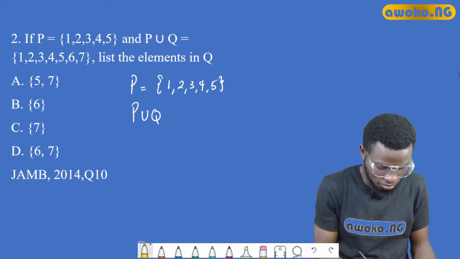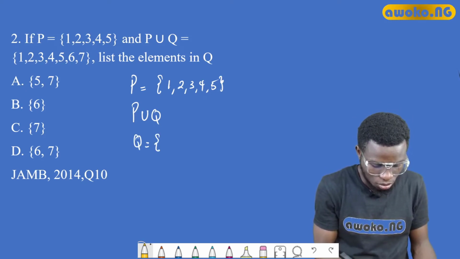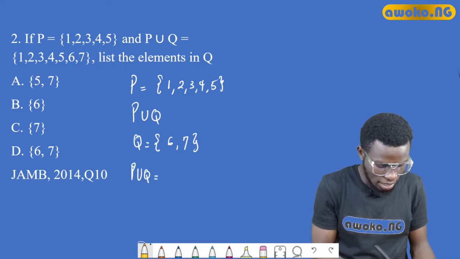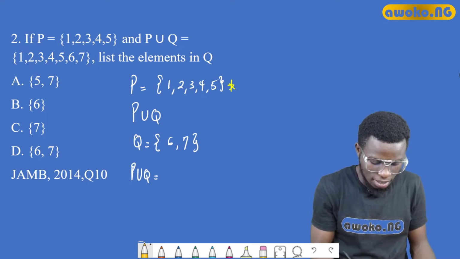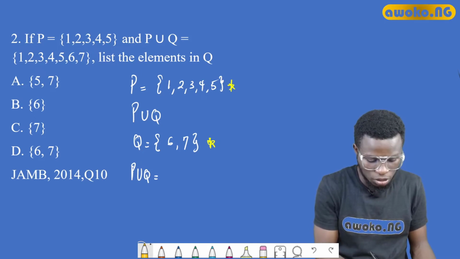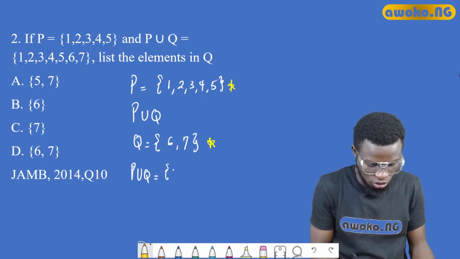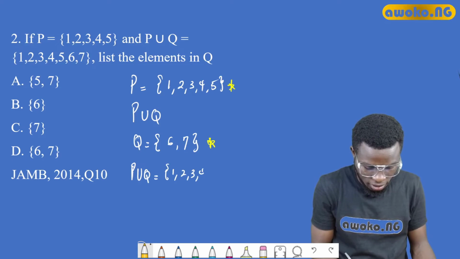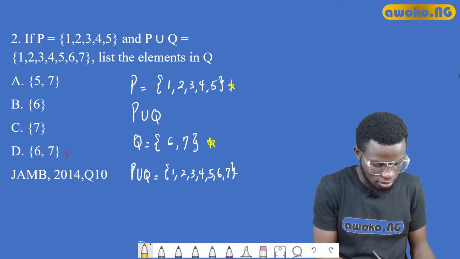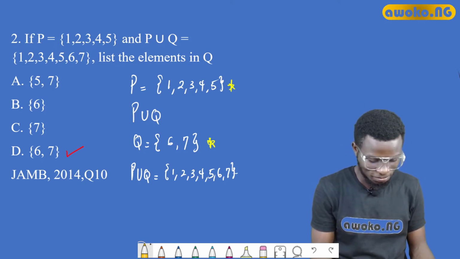And Q will give us 6 and 7, such that if I combine the elements in P and the elements in Q together, I will have the same thing as the P union Q given in the question, which is 1, 2, 3, 4, 5, 6, and 7. So my correct answer is 6 and 7.